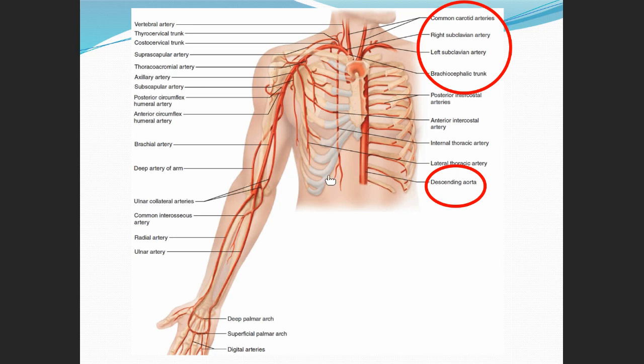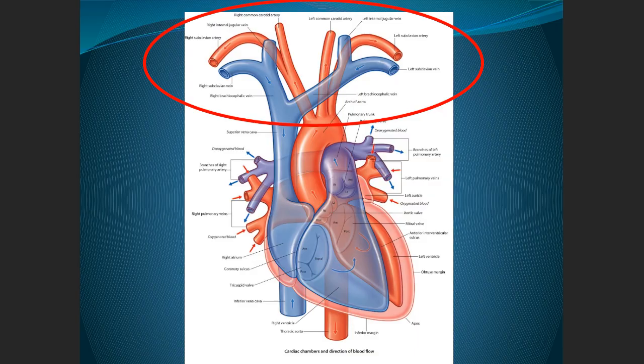When it perforates or penetrates the diaphragm and gets into the abdomen, it is now known as the abdominal descending aorta. So it just depends on where it is in the body. Is everybody good on that little portion up here? On how we named them?